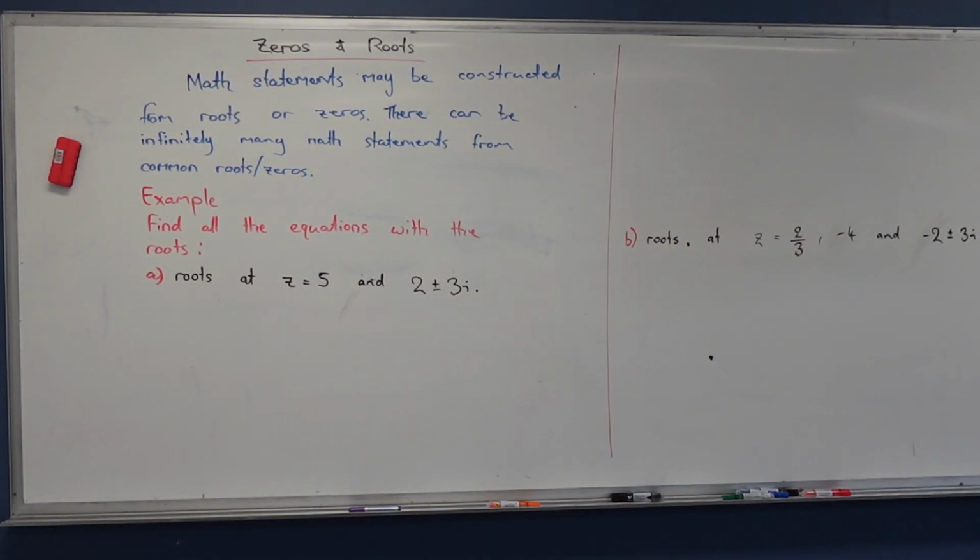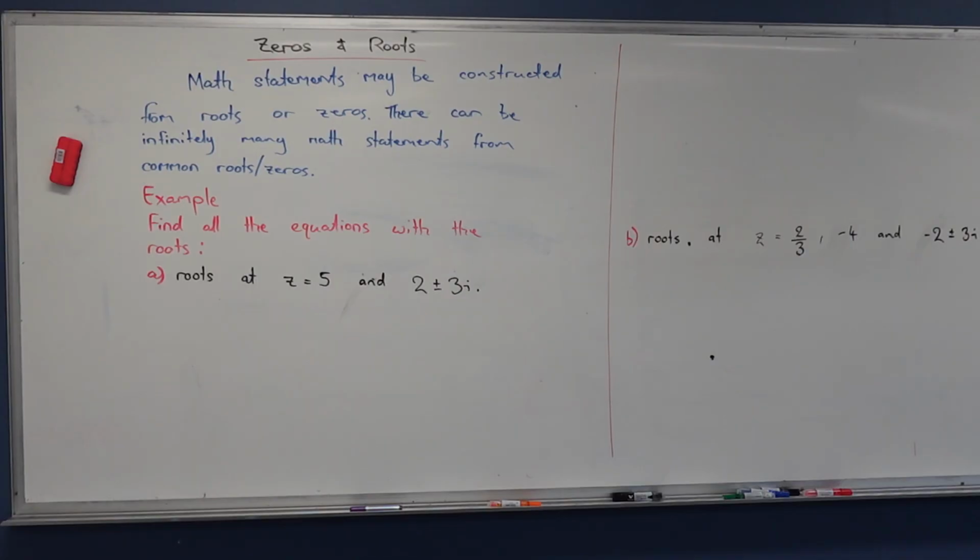Alright, so next bit, rather than trying to find the roots and the zeros, we want to go the other way around. Based on or given roots or zeros, we want to be able to find equations that match the criteria for having those roots, or find expressions or functions that match the criteria given the zeros that were afforded.